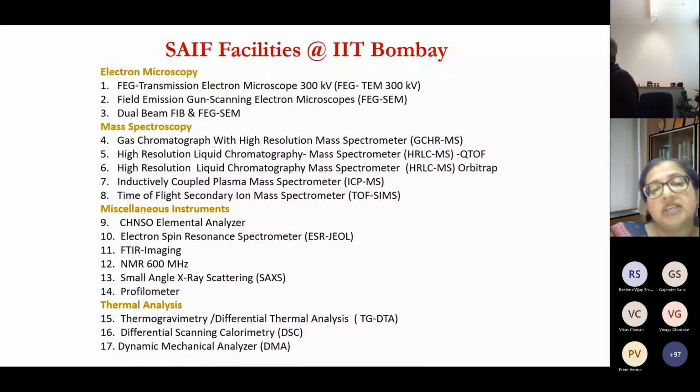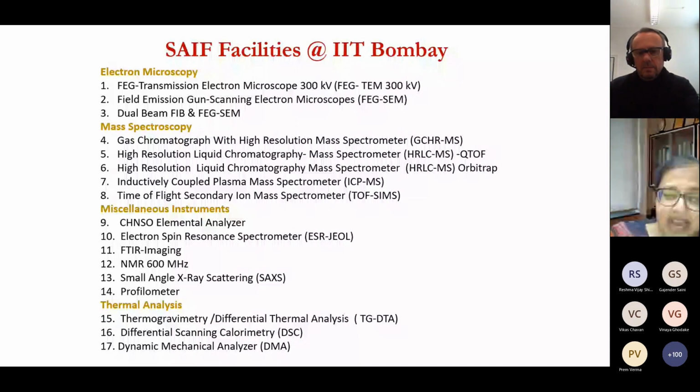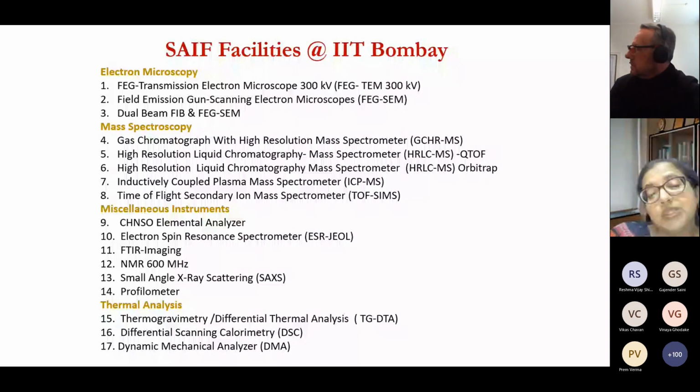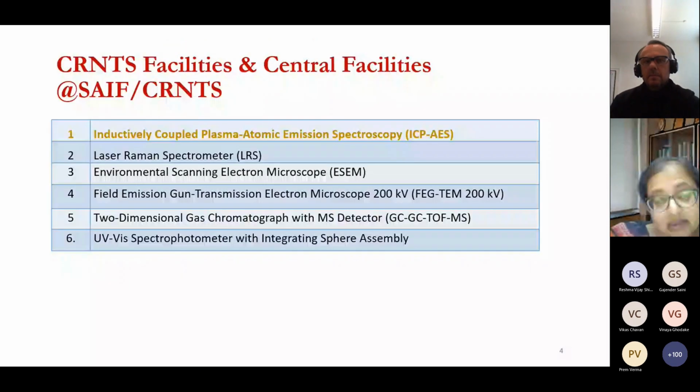And in addition, we also have ICP-MS and TOF-SIMS. There are various other instruments in the center. This includes CHNSO analyzer, ESR, FTIR, NMR, SAXS, and profilometer. And more recently, we also have several thermal analysis instruments.